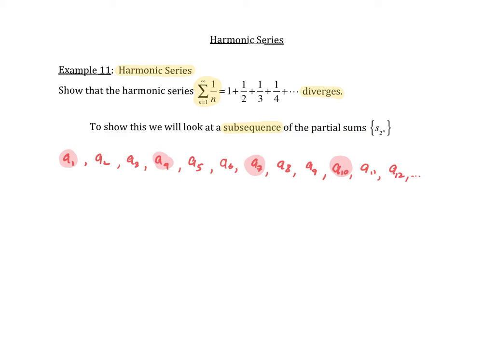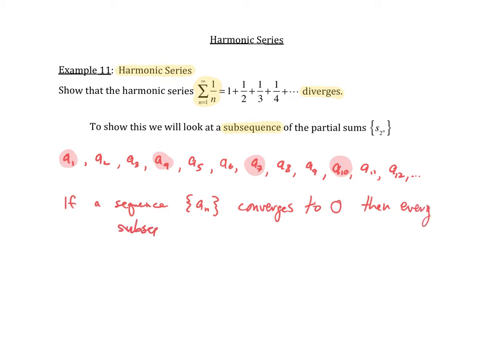One of the things that's true is that if a sequence a_n converges to 0, then every subsequence also converges to 0, right?